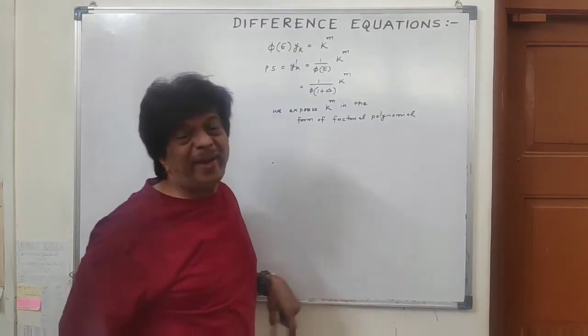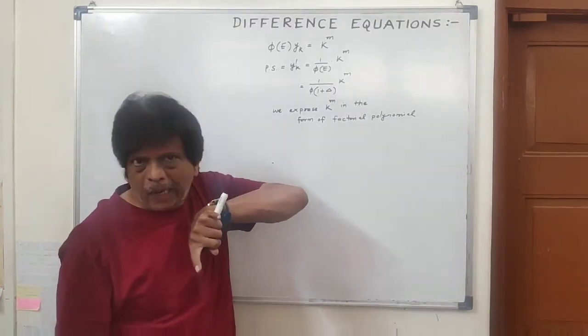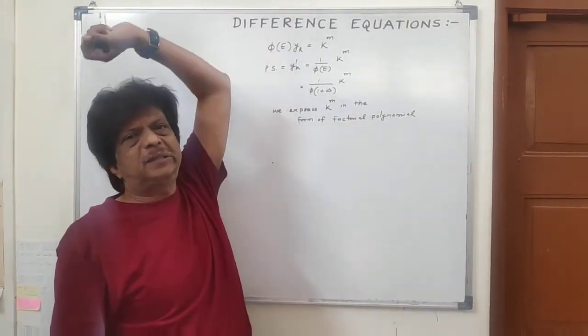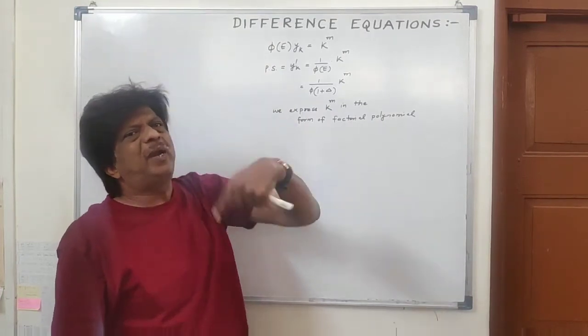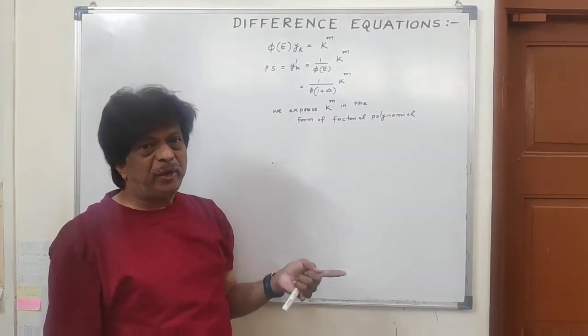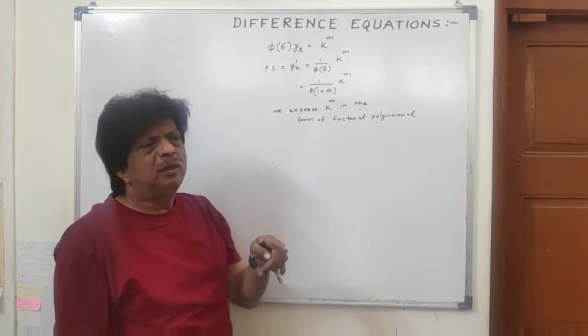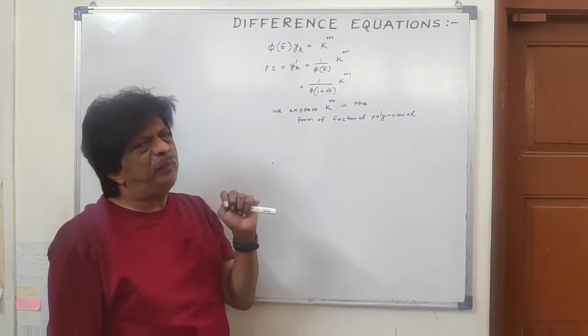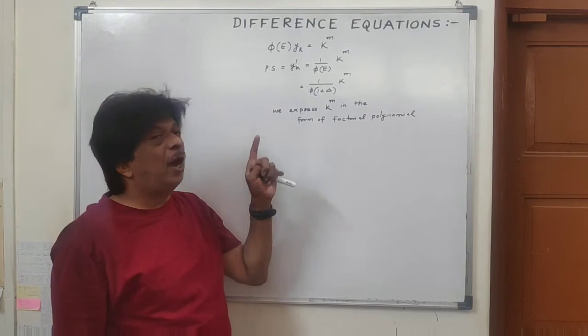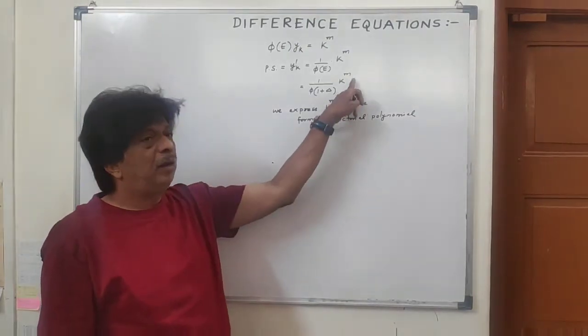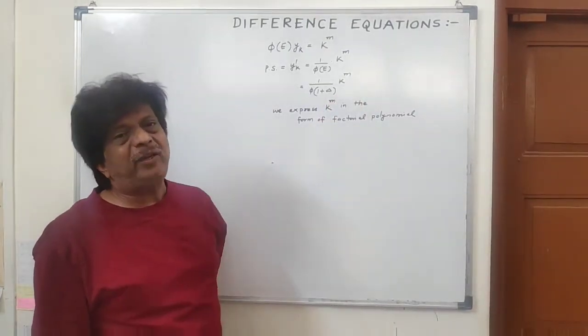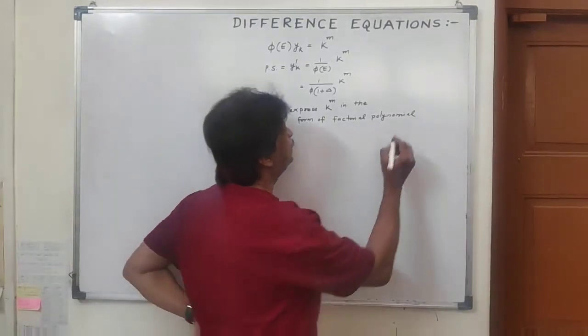This k raised to power m is an ordinary polynomial. Note this. So it has to be converted into a factorial polynomial. We shall discuss what we mean by the factorial polynomial, and how to convert this ordinary polynomial into the factorial polynomial.